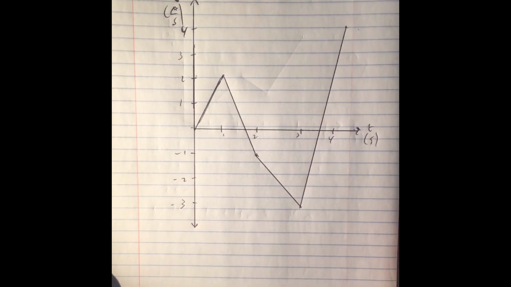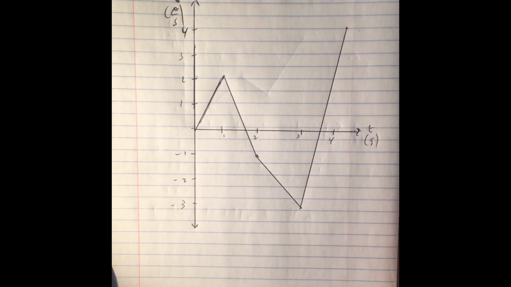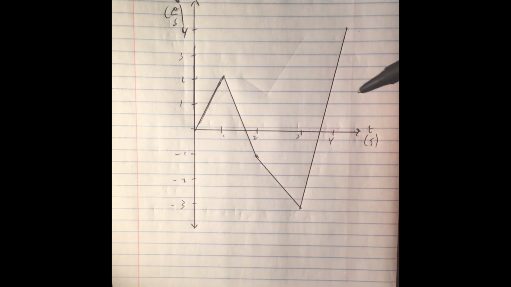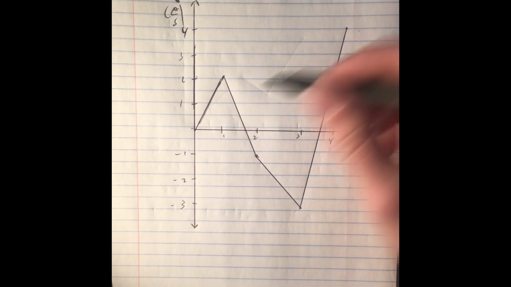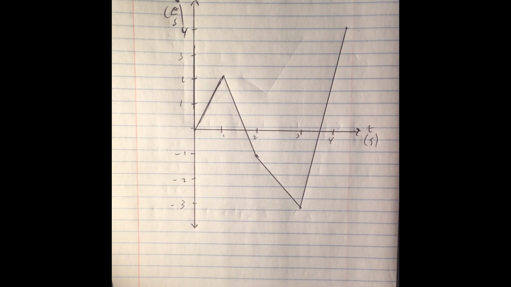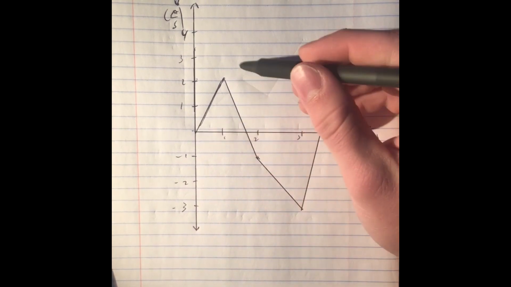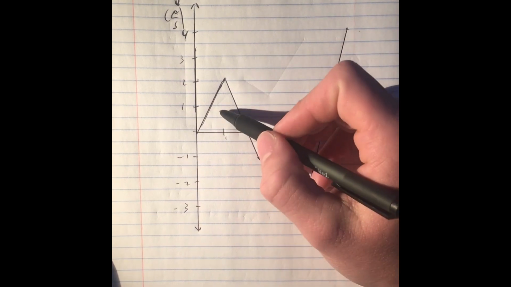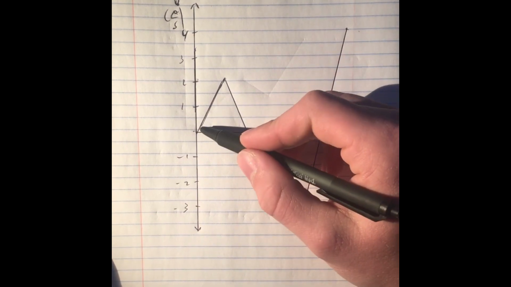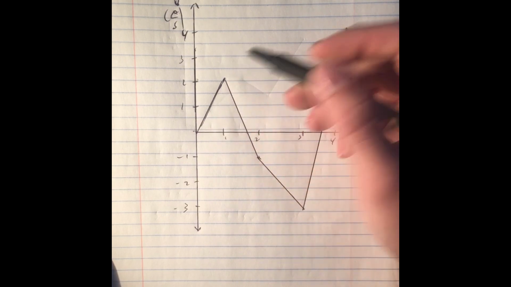So we can find his velocity at different points along this graph, but we can also find his acceleration, because the acceleration on this graph will just be the slopes at different points. So we can find his acceleration over this time interval 0 to 1.